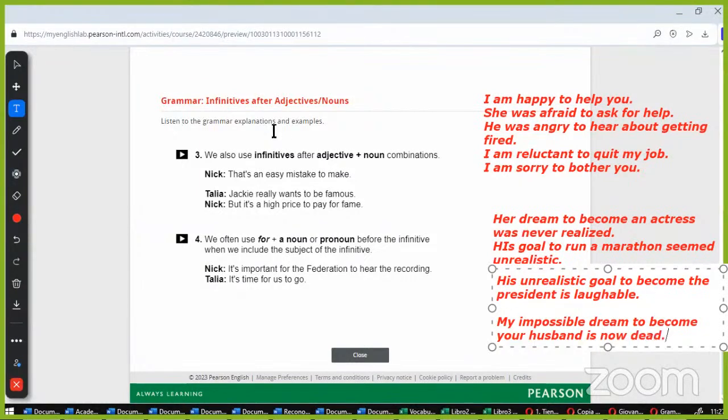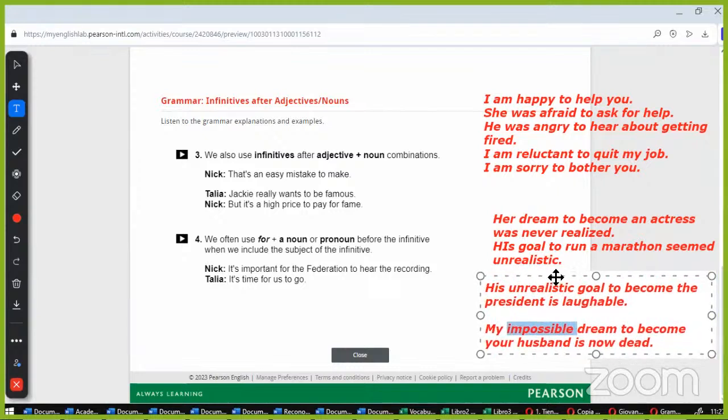Okay, something like that it could be. Again, impossible dream. Dream the noun, impossible the adjective.